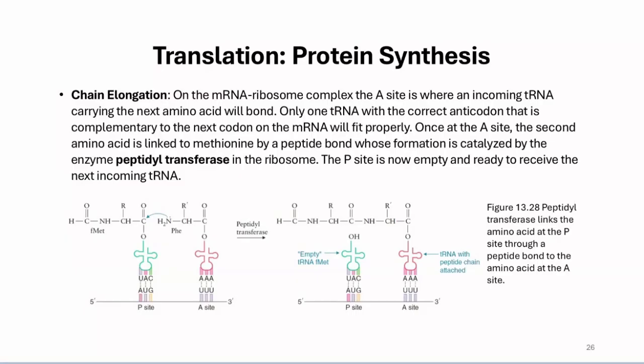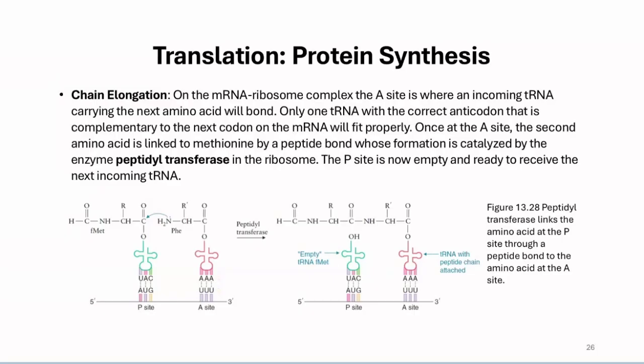Once you have the initiation complex, with the first amino acid, which tends to be F-Met, in other words the N-formyl methionine, the A site within the ribosome identifies the next codon. The tRNA that has an anticodon that hydrogen bonds with the codon will bring the next amino acid.